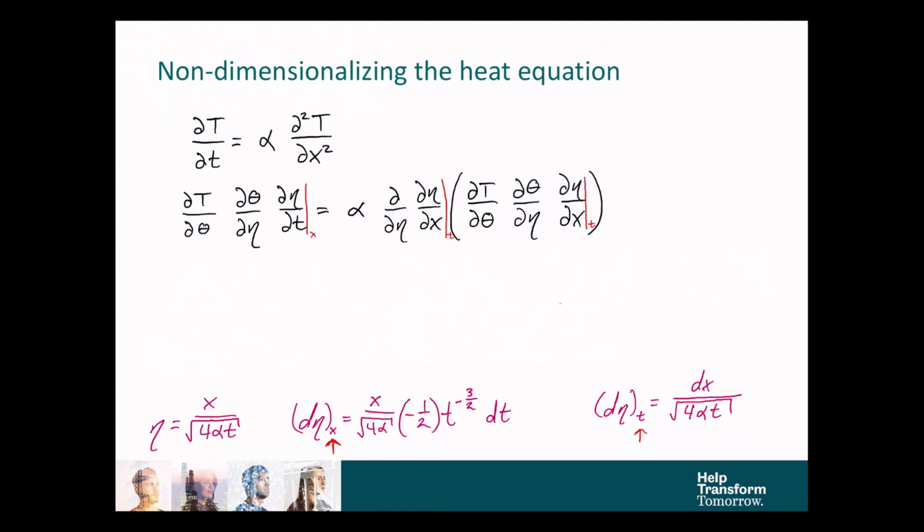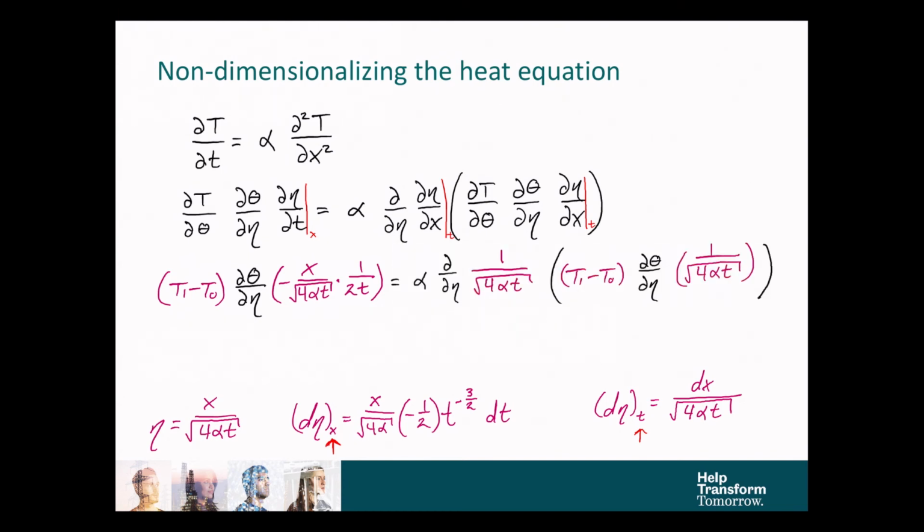Okay, so we can start plugging into these expressions now. dT d theta is a constant, T1 minus T0. d eta dt is this slightly complicated algebraic expression here. On the right-hand side, we continue plugging in each of these values into the expression.